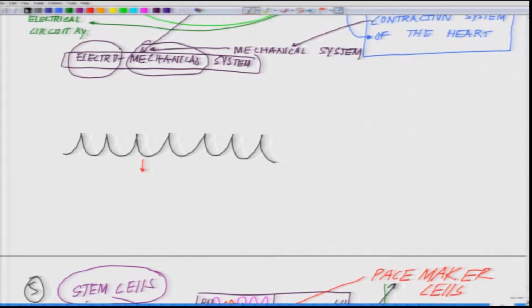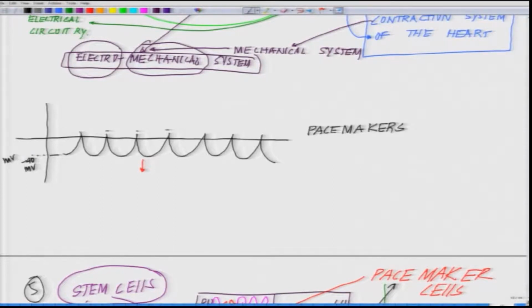Let me put the scale. These cells, in terms of millivolts, are sitting at minus 40 millivolt, and they are overshooting 0 here. Now these are pacemakers.